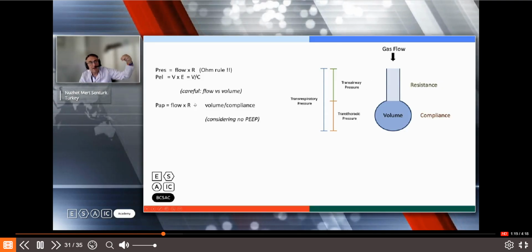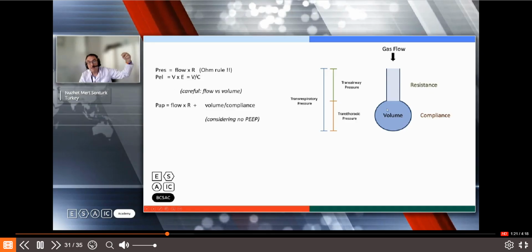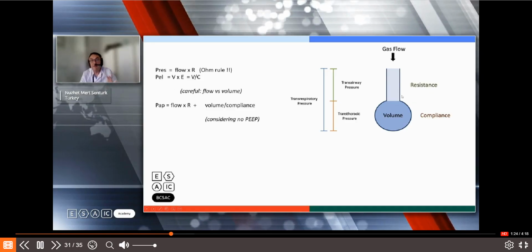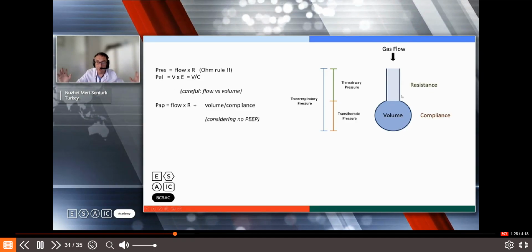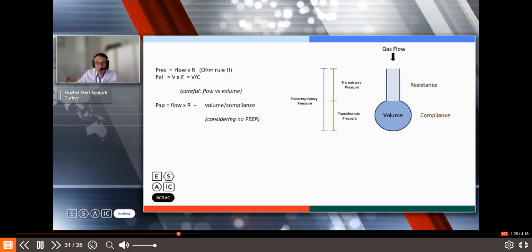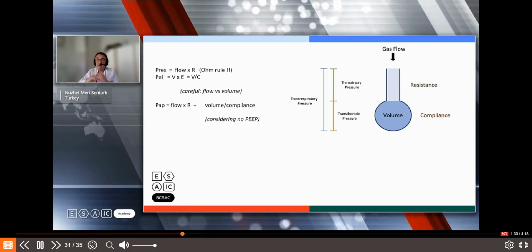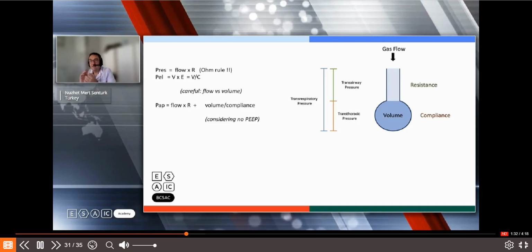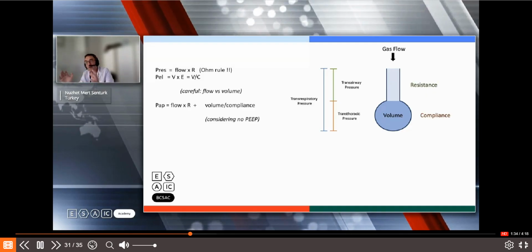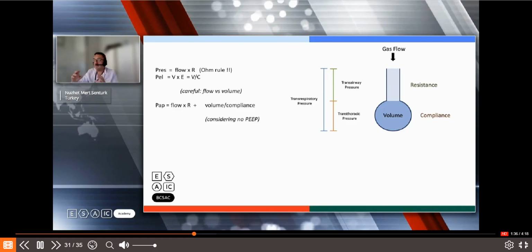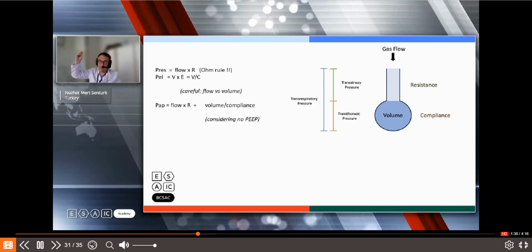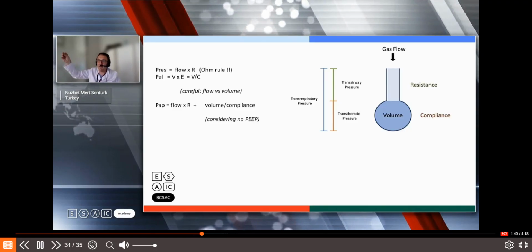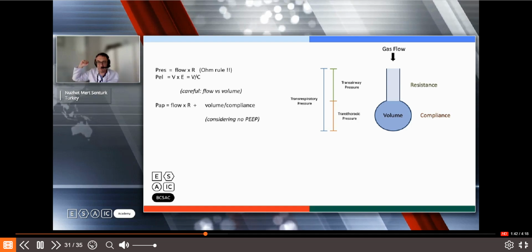The second one is the elastic pressure. Here we have the balloon. Now we don't have any flow anymore. We have here the volume, and the more quality the balloon has. Think about the balloon as a toy that you give to your children or nephews or something like this.